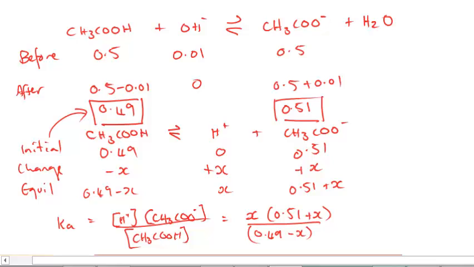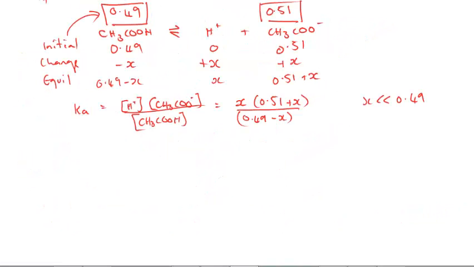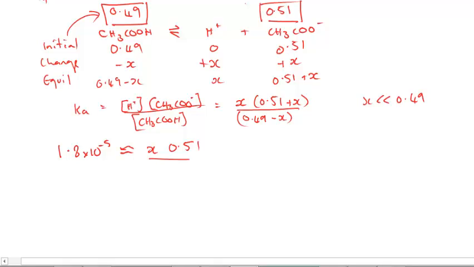And again, we make that assumption that x is much, much smaller than 0.51 or even 0.49. So the smallest one is 0.49. If we make that assumption, then we can look at this and say, okay, this is 1.8 times 10 to the minus 5. That was our equilibrium constant. And this is equal to x times 0.51, approximately, over 0.49.